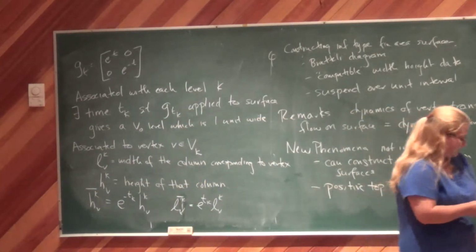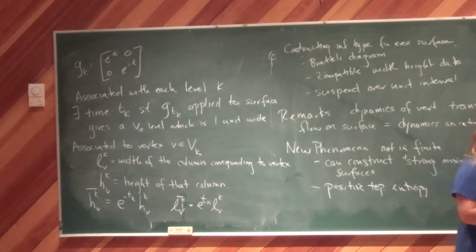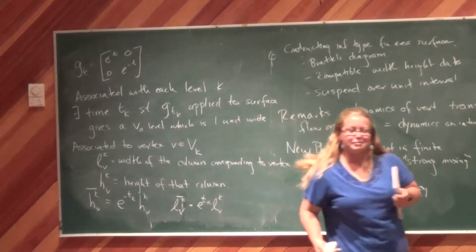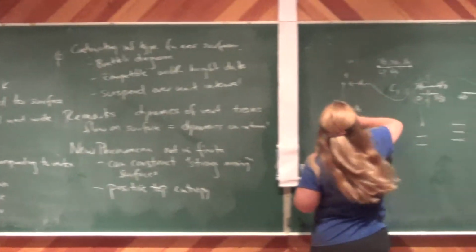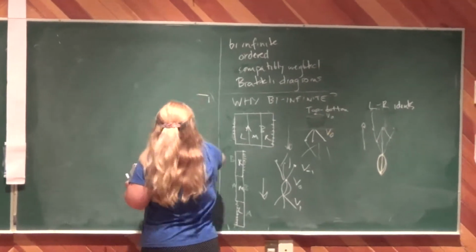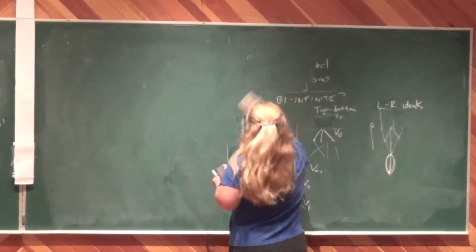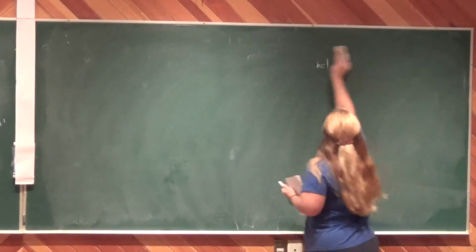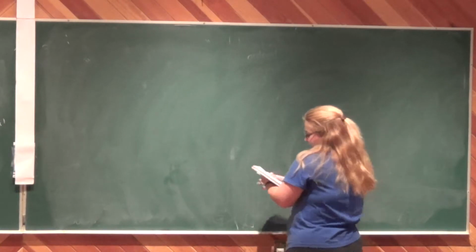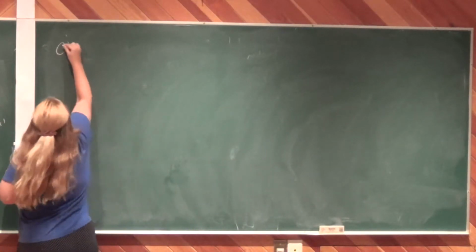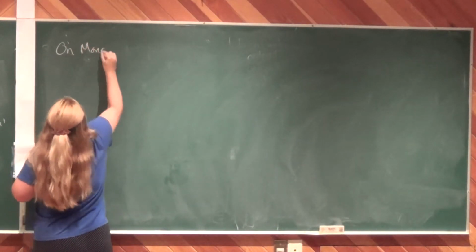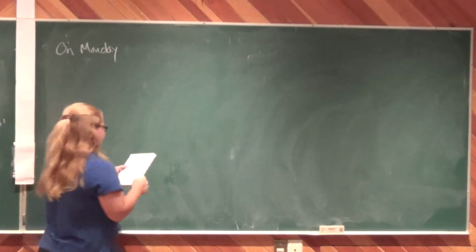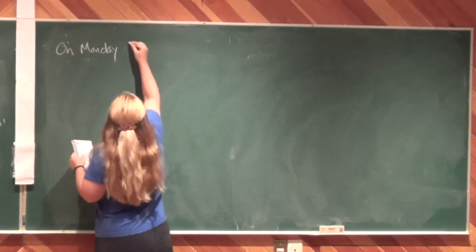And I'm running out of time, but I'm going to quickly tell you about the way Rodrigo's magic theorem applies to this type of construction. So, on Monday, Rodrigo gave a lecture, which some of you are here for.